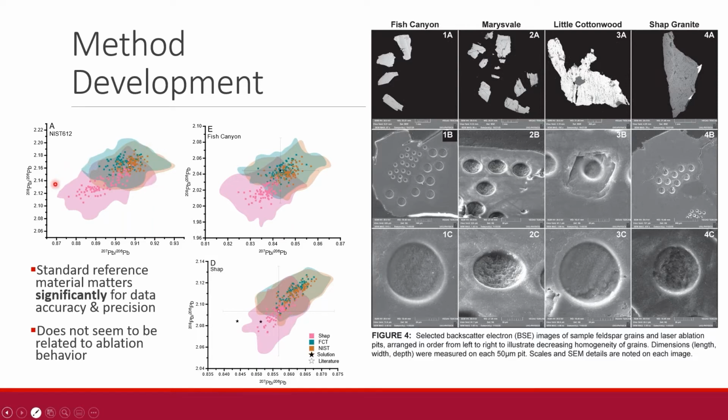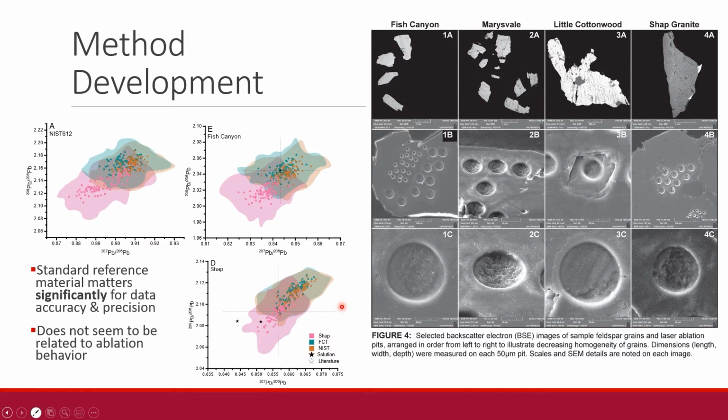What I'm showing you is this same set of analyses 3 times, standardized to different reference materials. In this case, NIST 612 is the standard reference material. The Fish Canyon sanidine is a standard reference material here, and the Shap orthoclase is a standard reference material here. You actually get dramatically different values for these data depending on what you use as a reference material.